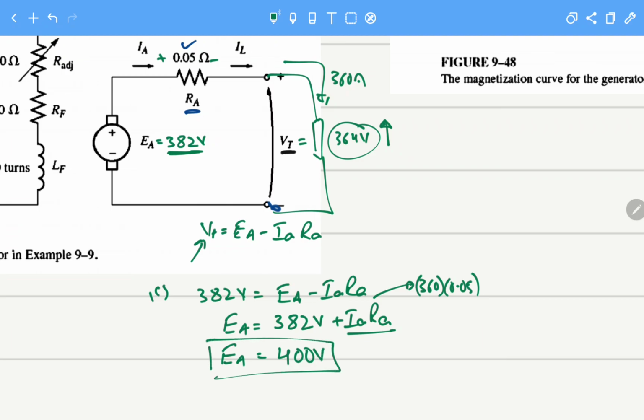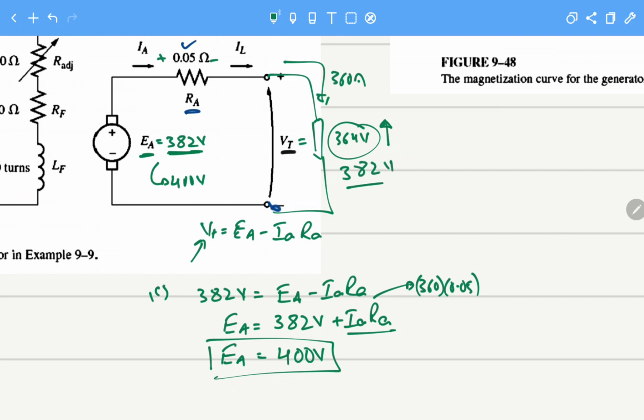So if EA, the internally generated voltage, is raised from 382 to 400 volts, at the output the voltage will be raised from 364 volts to 382 volts.